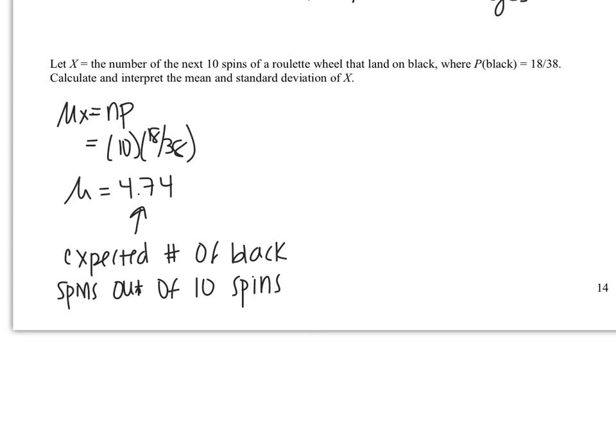Now, I don't want you to round that. You can't have 4.74 spins, but like we normally do, you're not going to round it. If we want to find the standard deviation, n is going to be 10, probability of black is 18 out of 38, and then we also have 1 minus p.